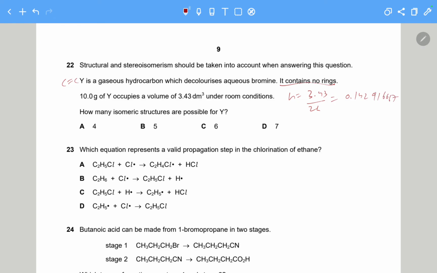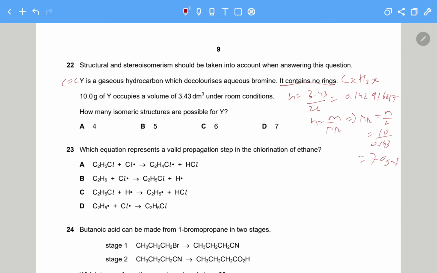And we know that the formula of the alkene will be CxH2x, right? And we also know that n is equal to m over Mr. We know m, and we also know n. So this means that we can calculate Mr because Mr is equal to m over n, so equal to 10 over 0.143, and this is equal to 70 grams per mole.